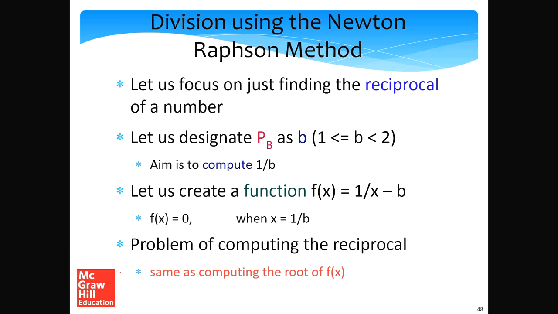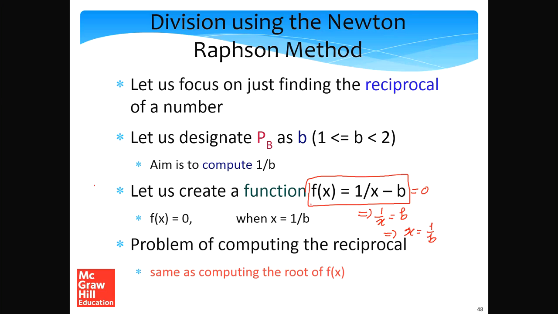What we can say is that when f(x) is equal to 0, that is when 1 by x is equal to b, or rather x is equal to 1 by b. So we have created a function of this type.